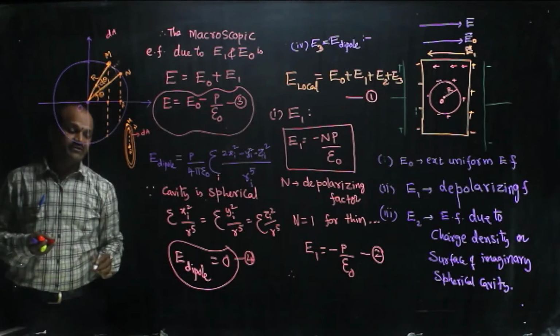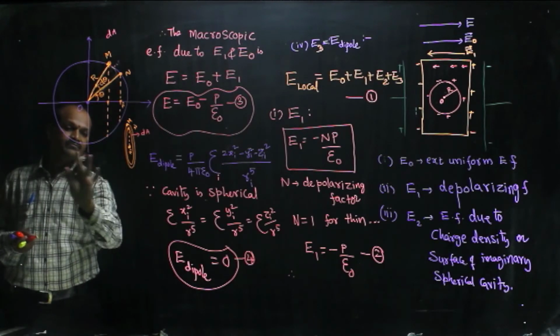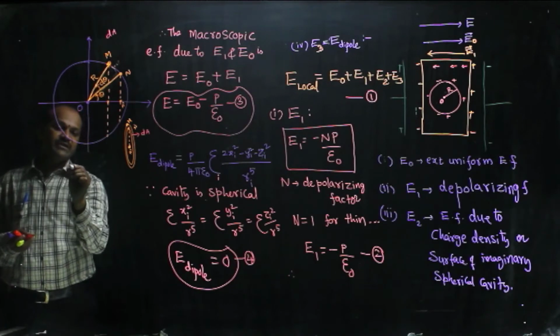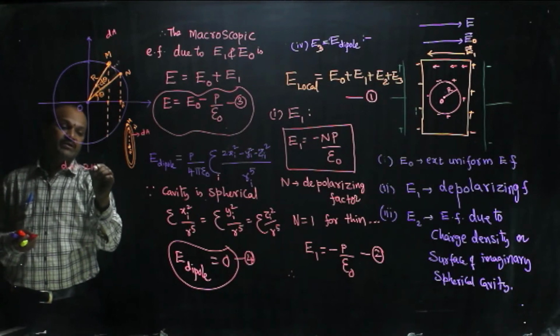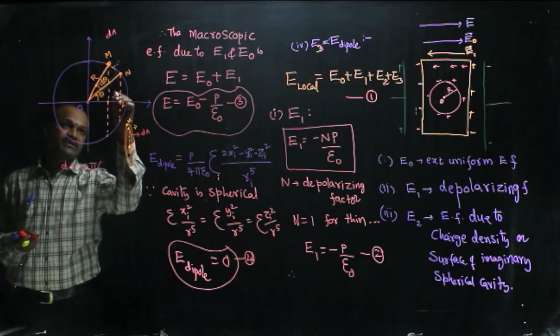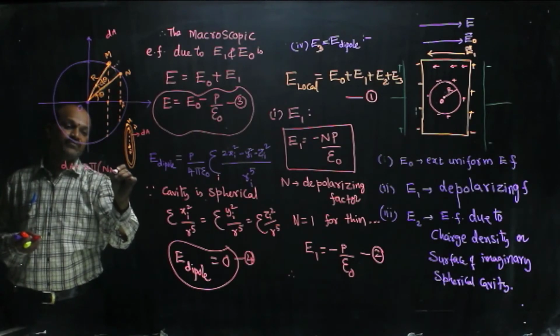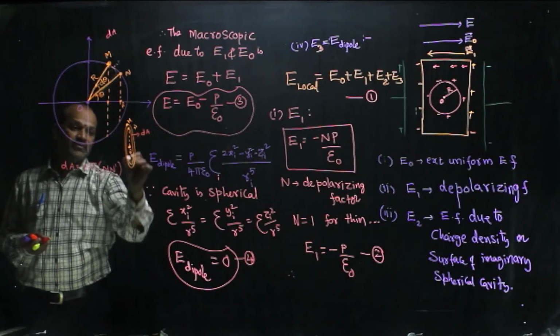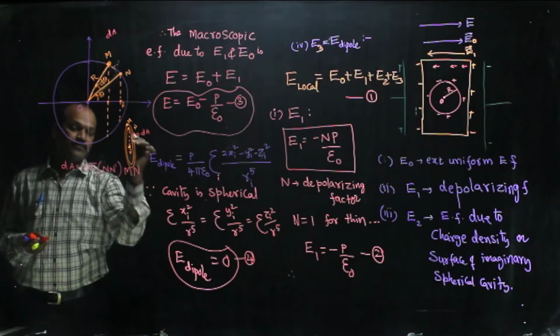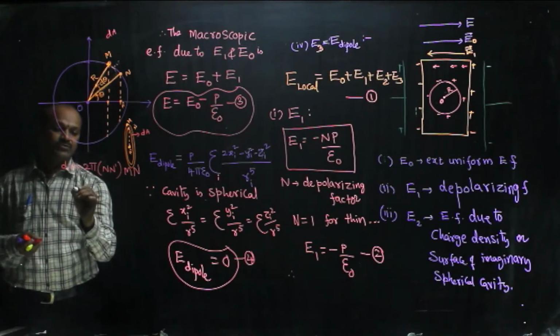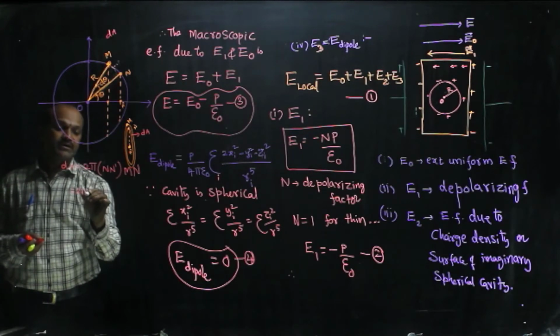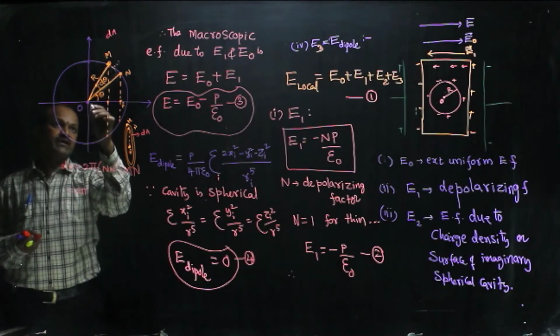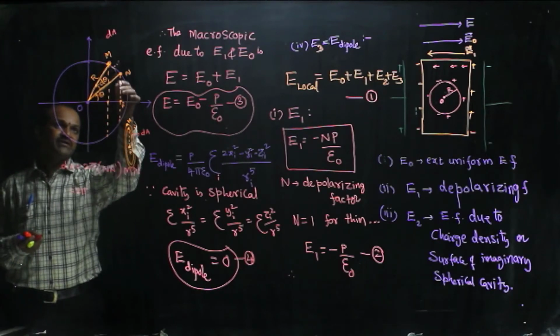Let us write the equation for dA. Surface area dA is equal to 2 pi times radius, what is the radius? NN dash, into thickness MN. So 2 pi NN dash is what? Take the triangle ON dash, theta, opposite by hypotenuse.